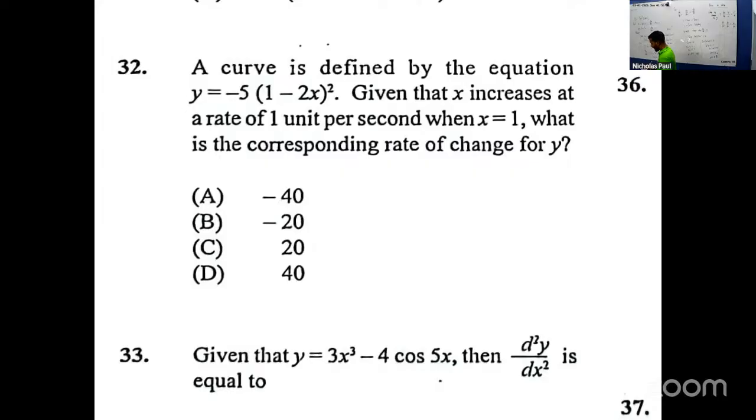Right, all we have to do is figure out the first differential. For the first differential, I got 20 by 1 minus 2x. And when you plug that in, I got minus 20.